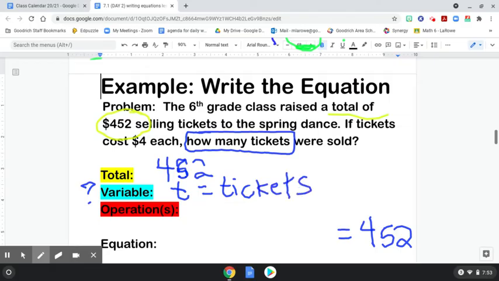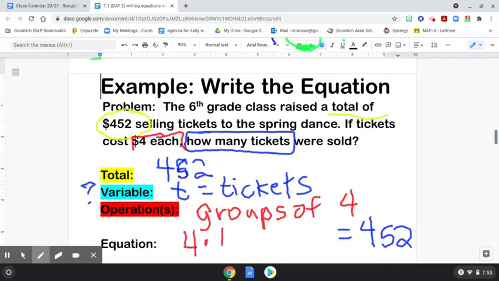My operation, I know that tickets are $4 each. So with them being $4 each, it's going to be groups of $4. And I know that groups is a multiplication kind of math. So my equation will be written 4 times T equals 452.